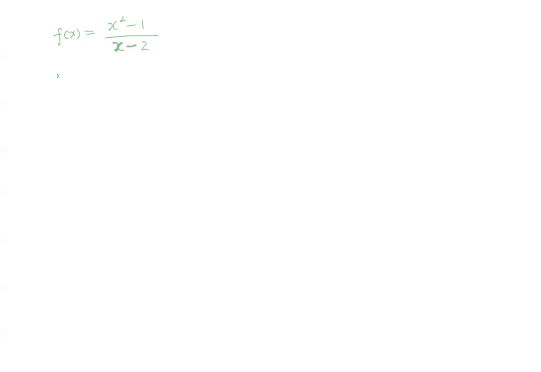So my f prime x will be equal to v u prime, take away u v prime, the whole thing divided by v squared. Okay? So expand the top.